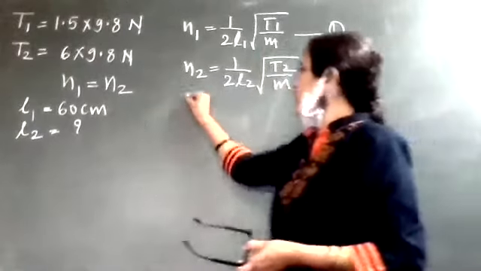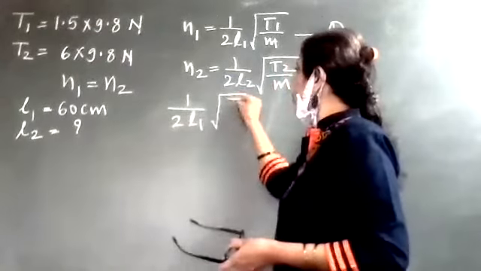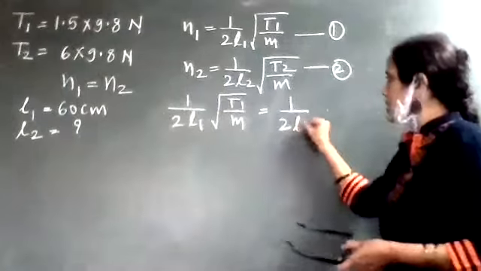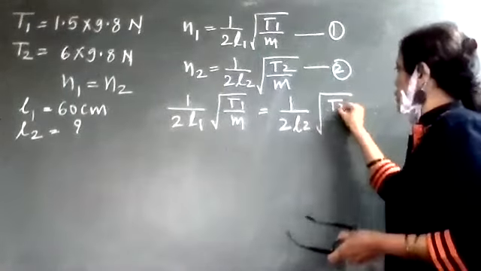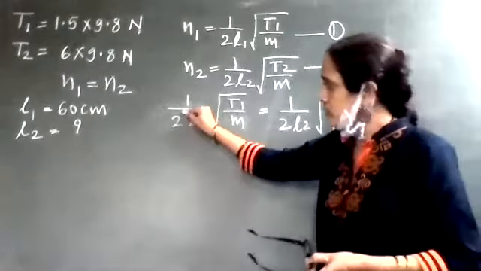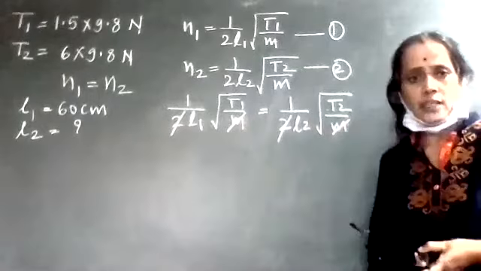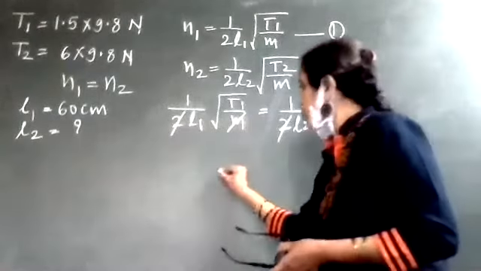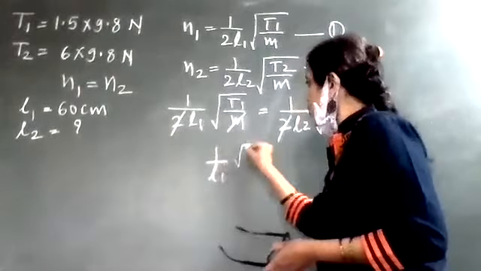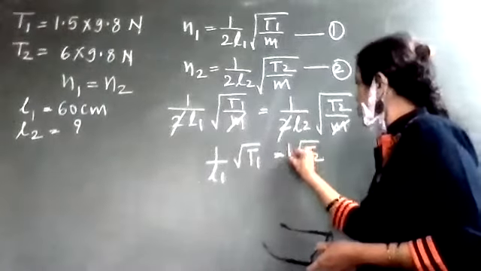If I equate, I write 1 upon 2 L1 under root of T1 upon m is equal to 1 upon 2 L2 under root of T2 upon m. Now from both sides, which factor gets cancelled? The 2 and the linear density get cancelled. So what remains is 1 upon L1 into root T1 equal to root T2 into 1 upon L2.